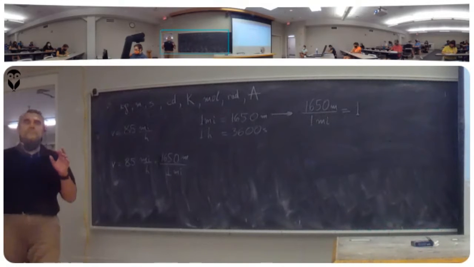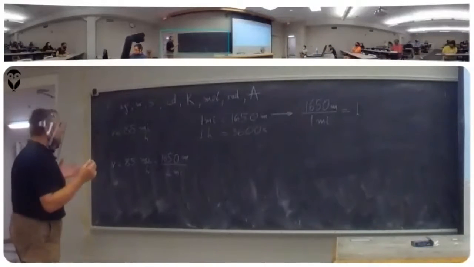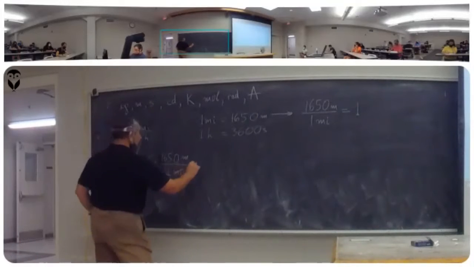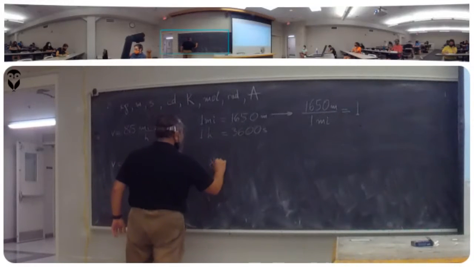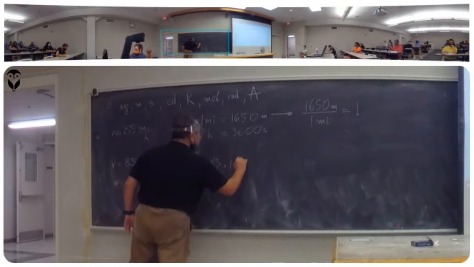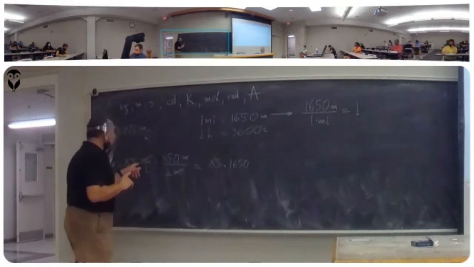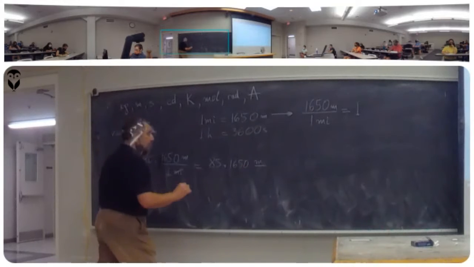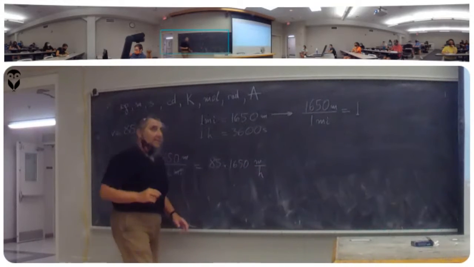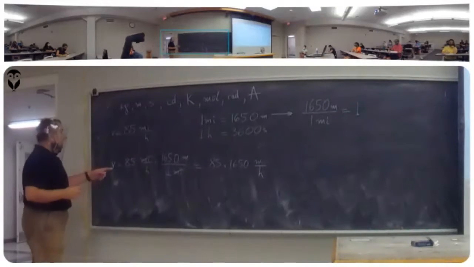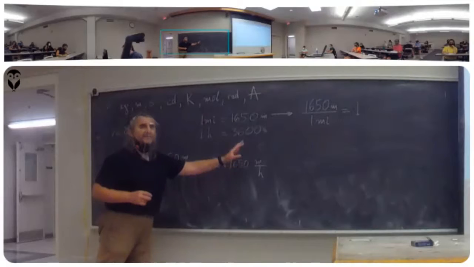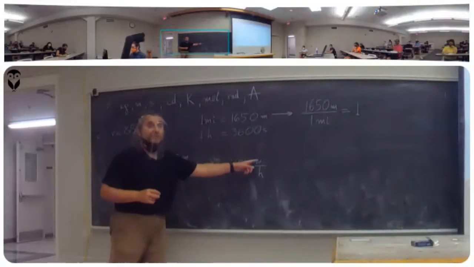And you do formal cancellation of miles with miles, and you end up with 85 multiplied by 1650. And since the miles canceled out, the units that are left are meters divided by hour. In other words, 85 miles per hour in reality is this number, 85 times 1650 meters per hour.